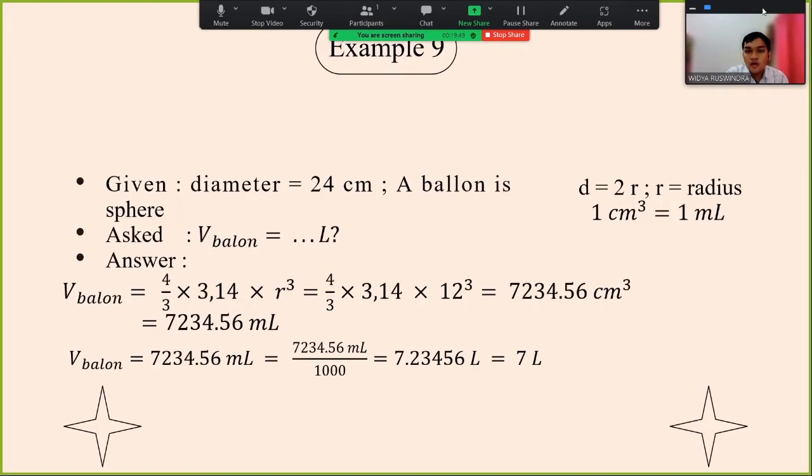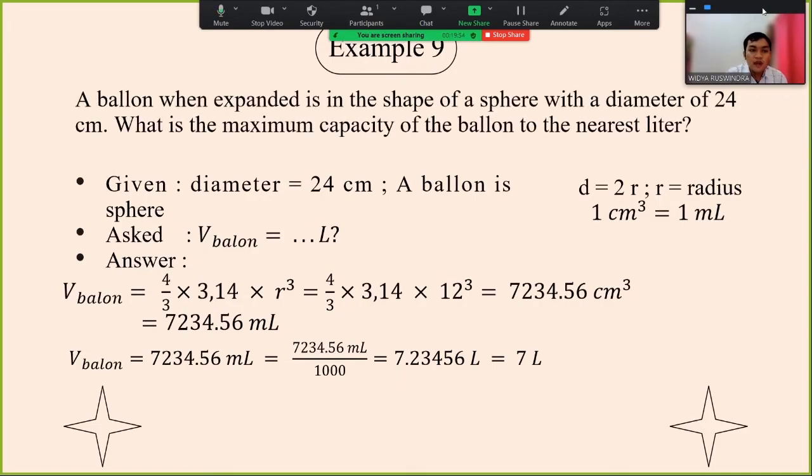Okay, we move to the next question. This is example 9. A balloon, when expanded, is in the shape of a sphere with a diameter of 24 cm. What is the maximum capacity of the balloon to the nearest liter?